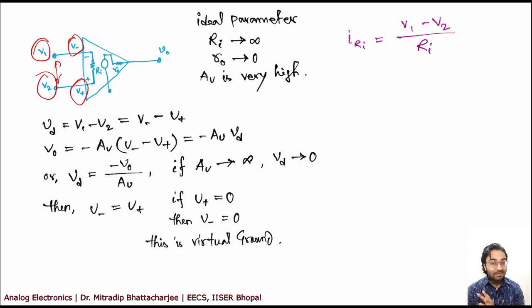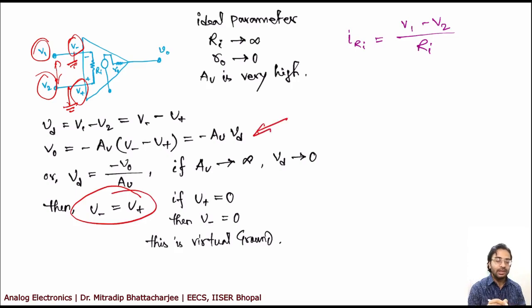So both are in same potential. That is what it means. Now if you consider your V plus terminal is grounded, and as I just have shown you, V plus is equal to V minus, that means your V minus side is also grounded. Although it is not grounded physically, the effect of ground will go in V minus as well, because V minus is equal to V plus.